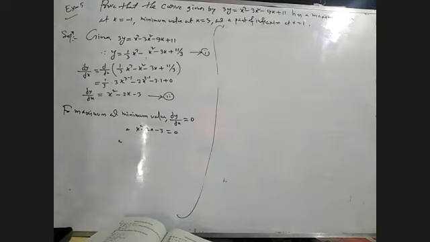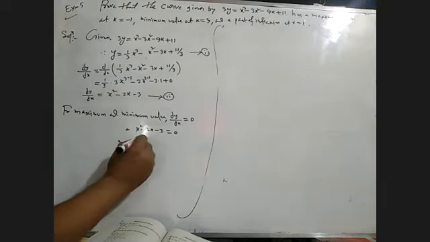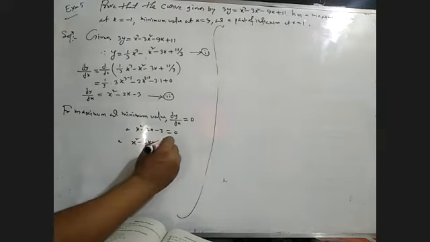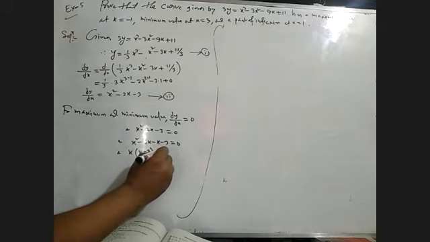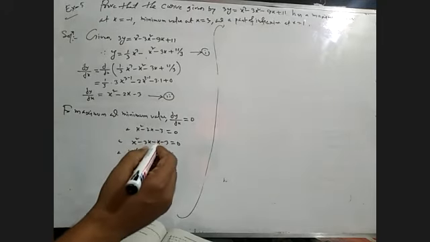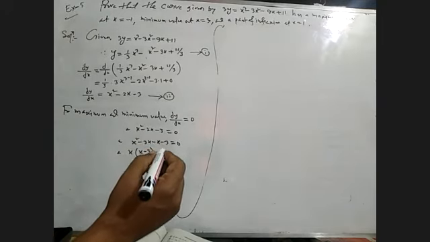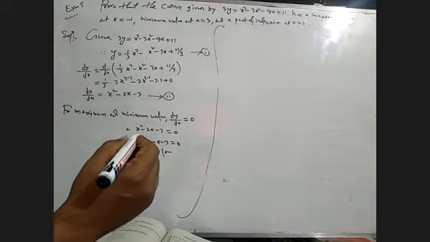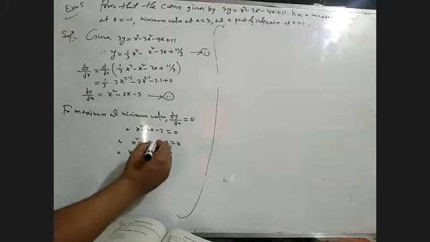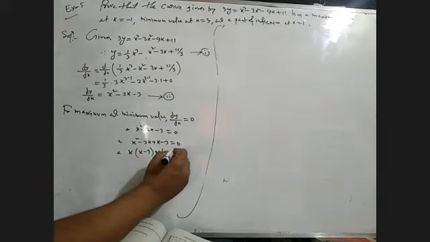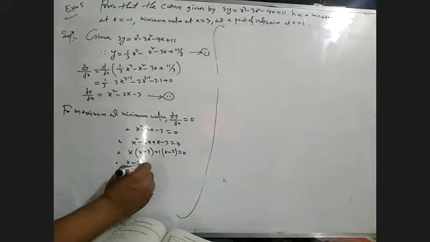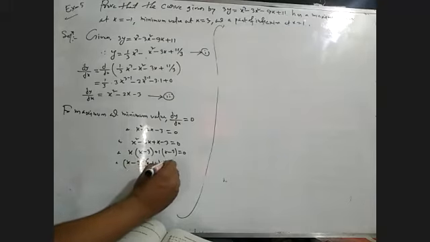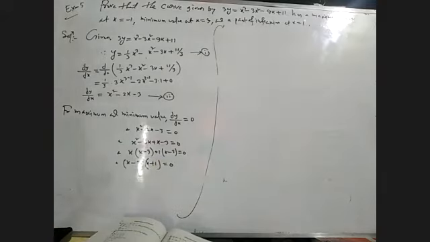Now solving for x by middle term factorization: x squared minus 3x plus x minus 3 equals 0. Taking x common, x into (x minus 3), plus 1 into (x minus 3) equals 0. So (x minus 3) into (x plus 1) equals 0.